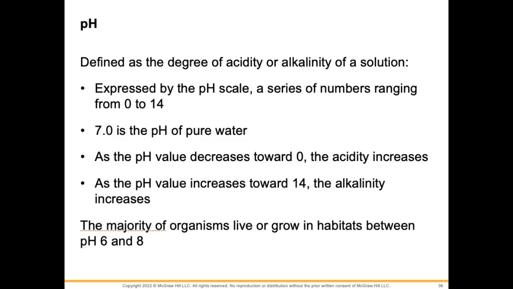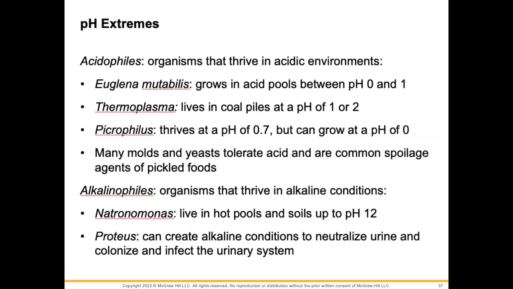The majority of organisms live or grow in habitats between a pH of 6 and 8. However, there are extremes. One example is an acidophile. They thrive in acidic environments: Euglena mutabilis, Thermoplasma, and Picrophilus.